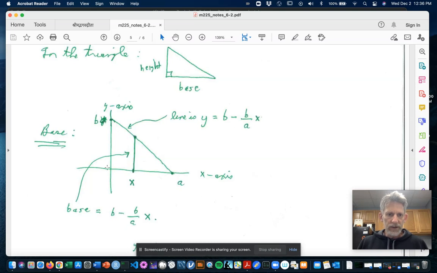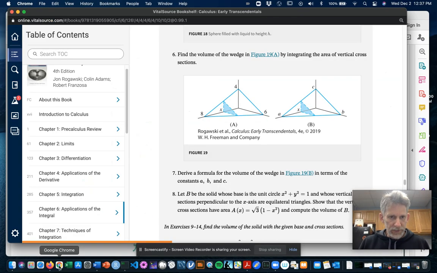So here's the origin at the x value 0, and here is that x is a point, and here is the arbitrary x point that determines where the base is, and here's the base. And so the base itself is going to be the vertical length of that segment. Now, thinking back to the picture, if I can pick it up for a moment, yep.